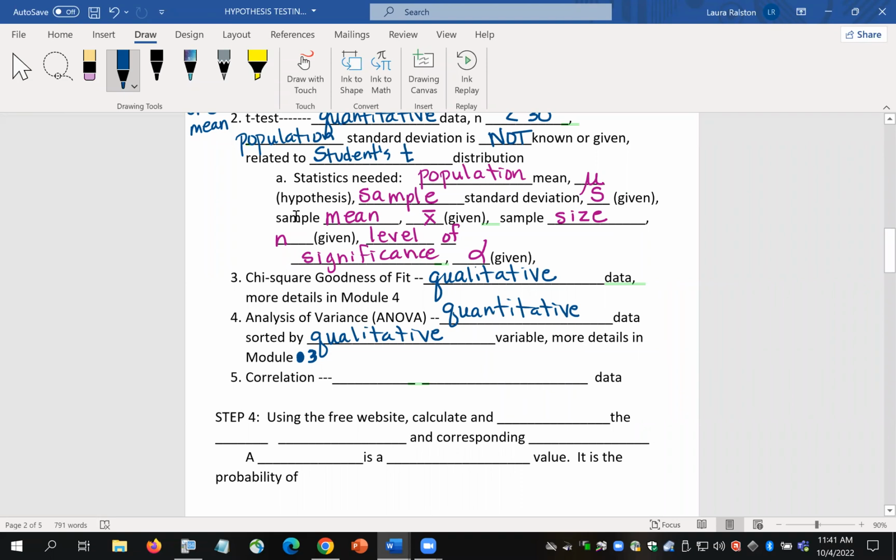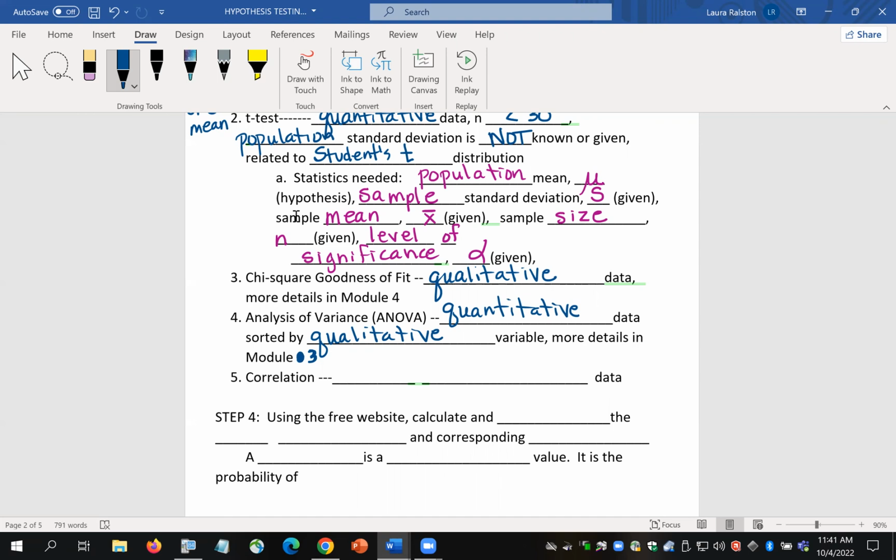A good example here might be if you want to look at maybe GPAs sorted by pathways or majors. Do business majors tend to have higher averages than, say, nursing majors? You can take a quantitative variable like GPA and sort it into a category by qualitative variable.